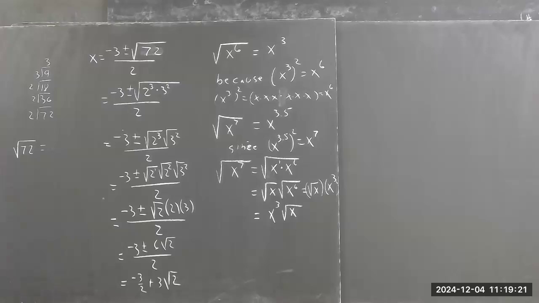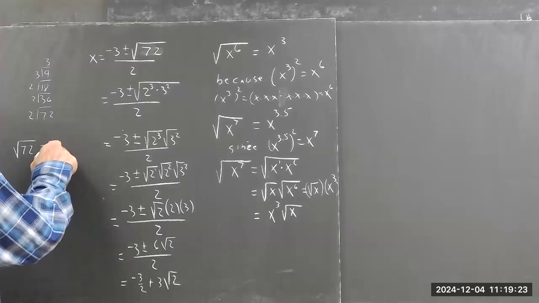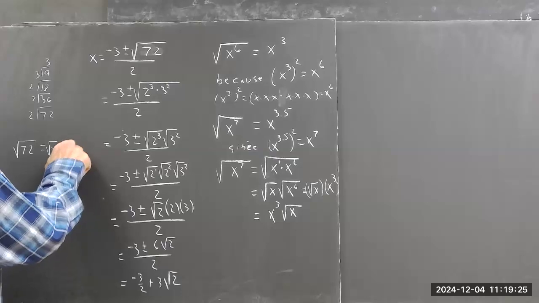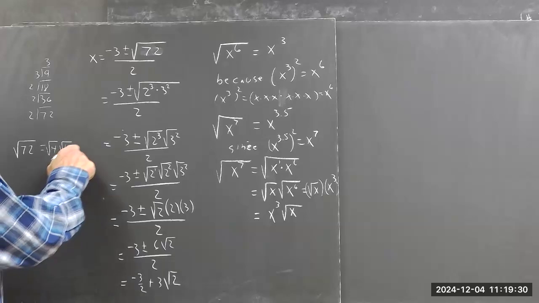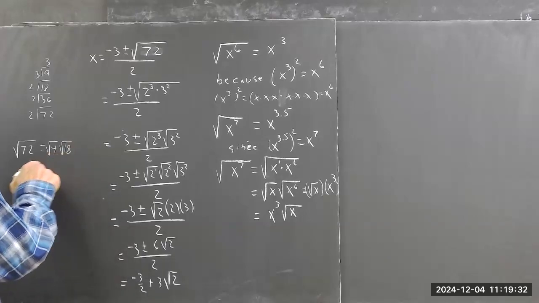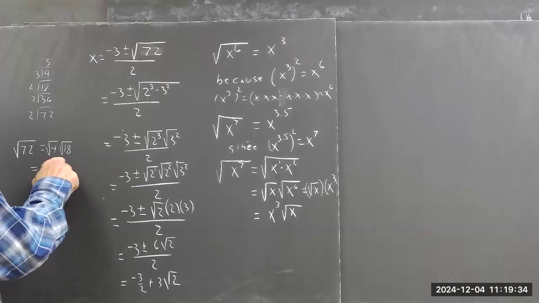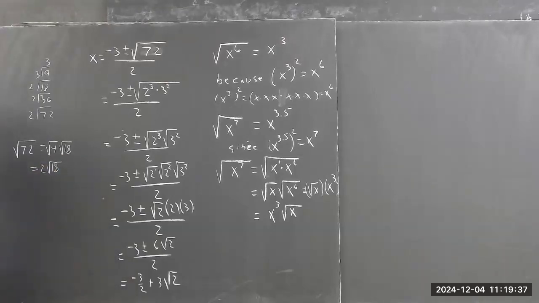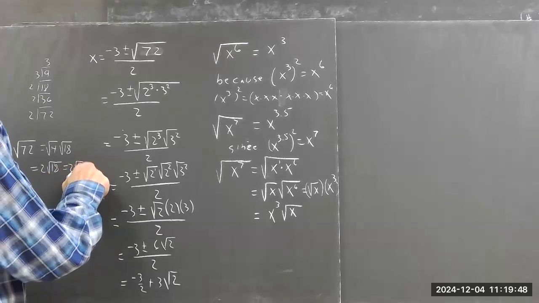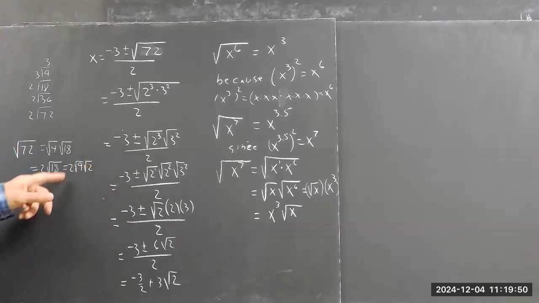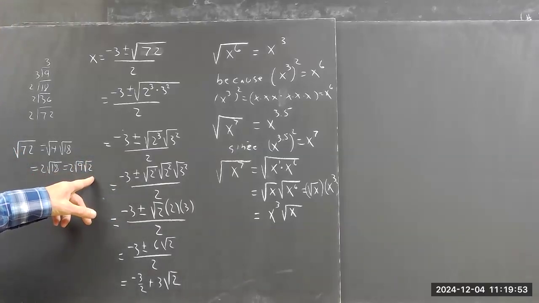We could write this as the square root of 4 times 18, and that would be 2 times the square root of 18. But there's a square we can take out of 18, which is 9. We get 2 square root of 9 times the square root of 2.